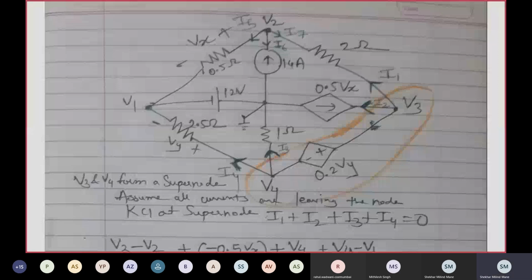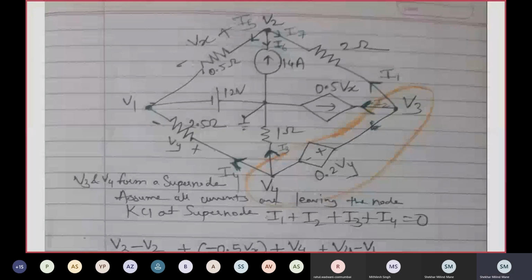Okay, so after applying KCL at the supernode, we got one equation. Now we have to apply KCL at node 2. I5 plus I6 plus I7 is equal to 0. I6 is opposite of 14 ampere. I5 is going from V2 to V1.